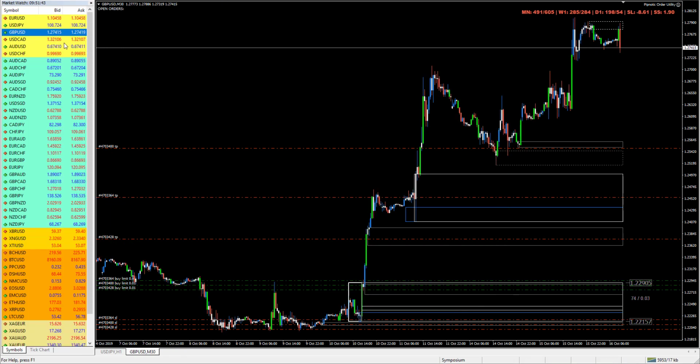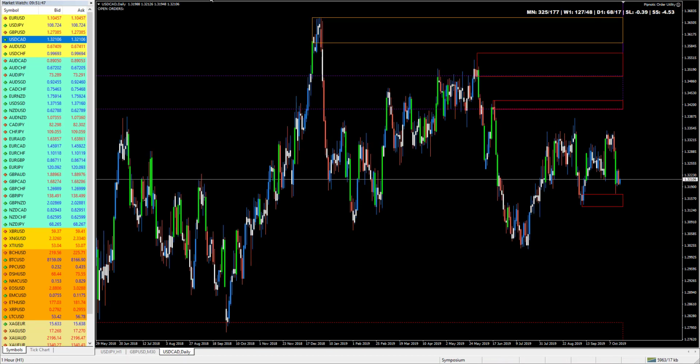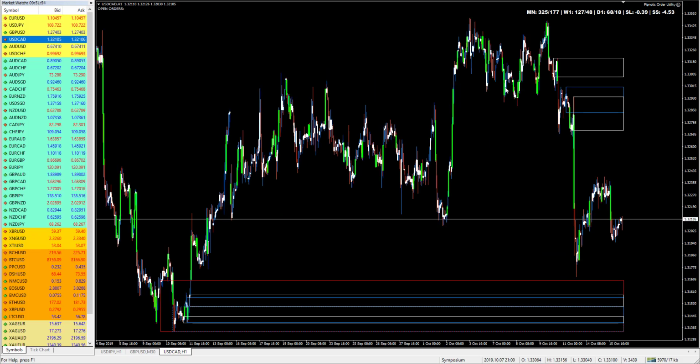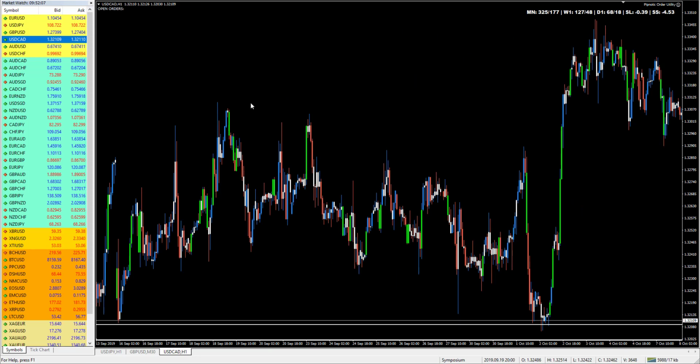That's nice. Right, American dollar, Canadian dollar. So, zooming out, what areas were respected historically and then removed? Well, we had this. That was tested a couple of times.